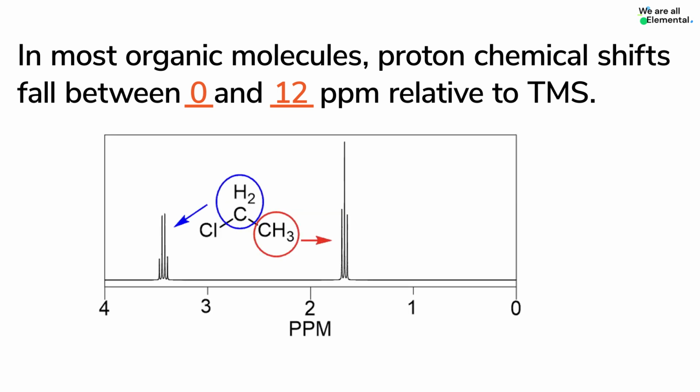For example, in chloroethane, the protons on the methyl group have a chemical shift around 1.7 parts per million. However, the protons next to an electronegative element like chlorine have a higher chemical shift, and this is because of the chlorine, they experience a stronger magnetic field.